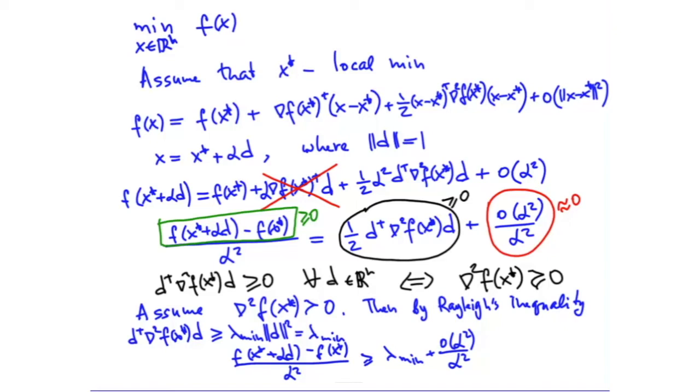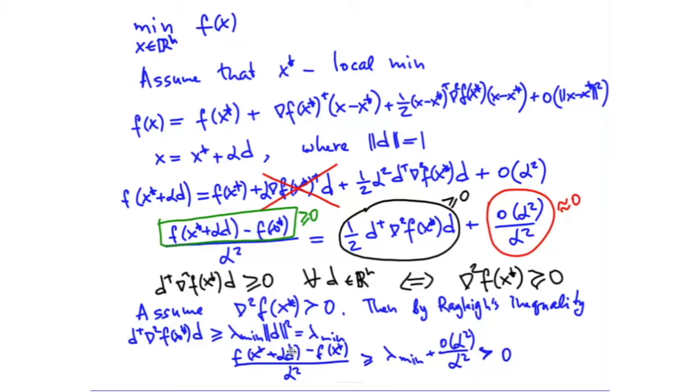And obviously, because lambda min is positive, because the matrix was positive definite, as we assumed, this will be strictly greater than 0. So this means that for some small positive alphas, f of x star plus alpha d minus f of x star will be strictly greater than 0.